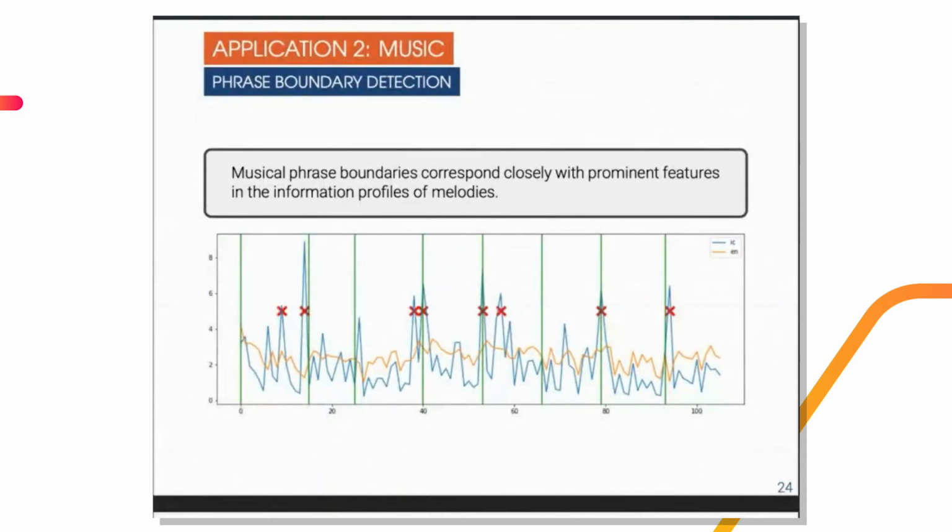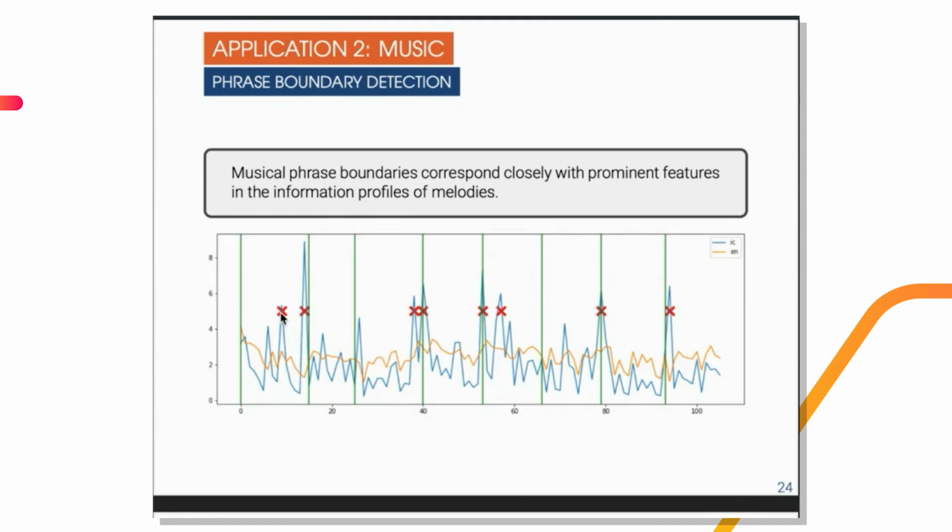And so then we can apply this statistical modeling method. And here is another plot of the information profiles, for the folk tune that I showed on the previous slide. Again, the green lines indicate the annotated phrase boundaries, the same as on the previous diagram. Then we perform segmentation on this melody, in this case by simply picking peaks in the information content.